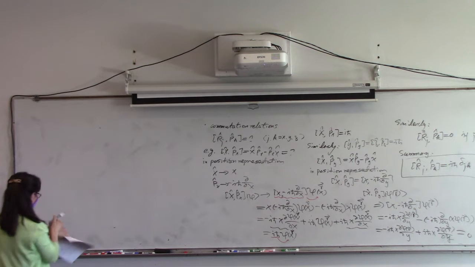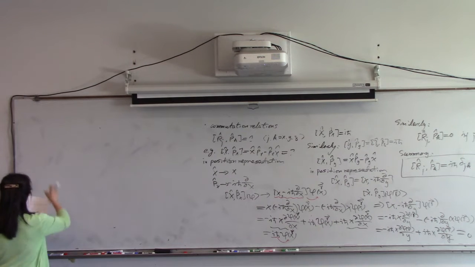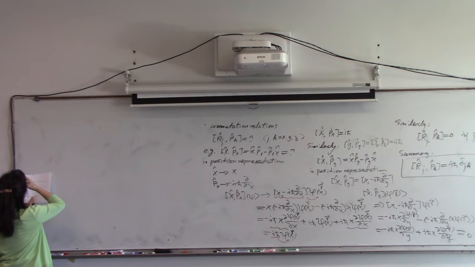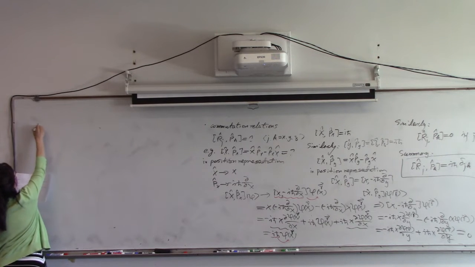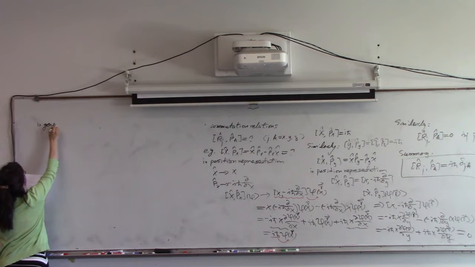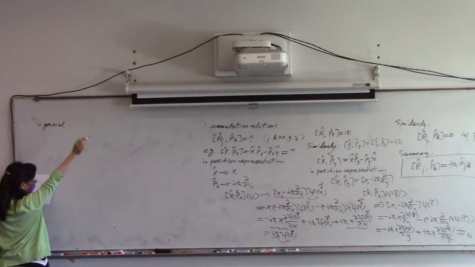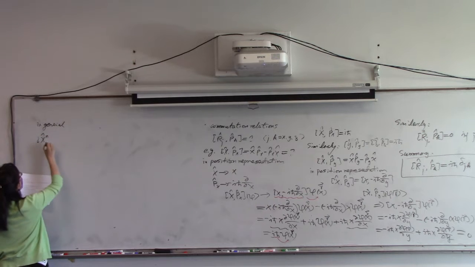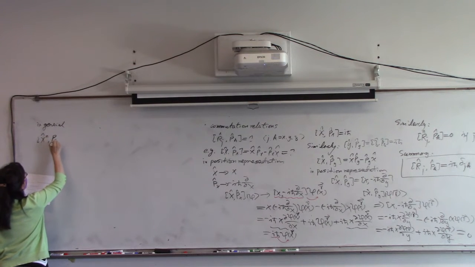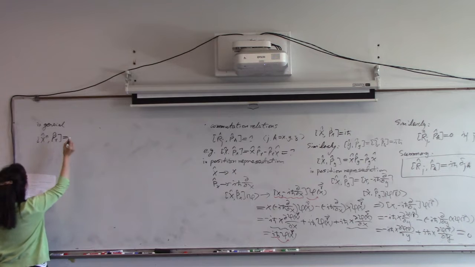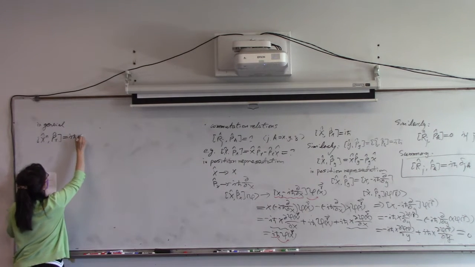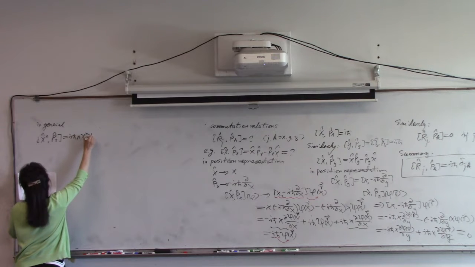Now let's go to the next one, because this is more important, so I'm going to give you this. In general, the other commutation relation is: if we have x to the nth power and px, the commutator is i h bar n x to the n minus 1.